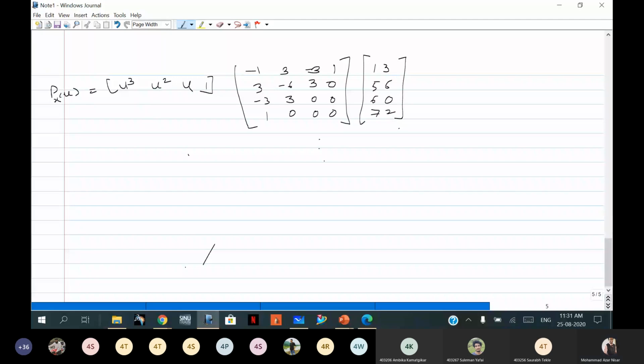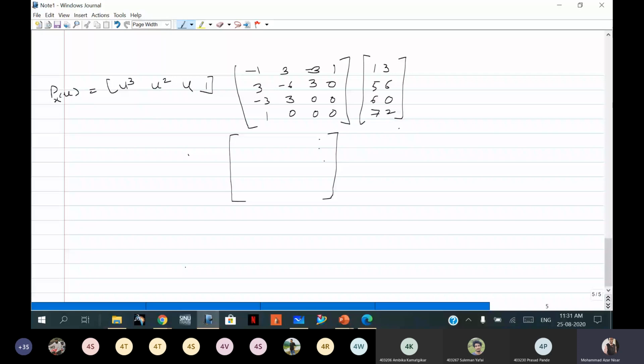That is row into column multiplication. So -1 into this 1, you will get -1. Okay, I will increase the width of this column.